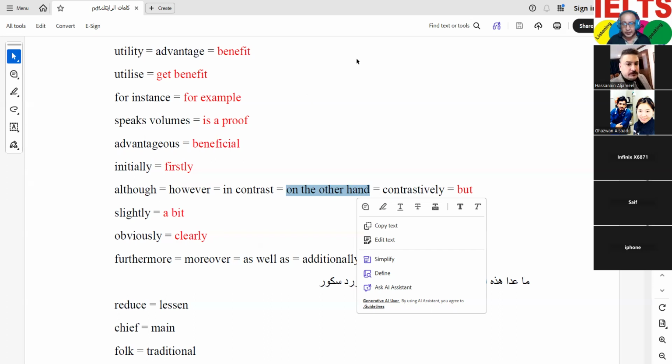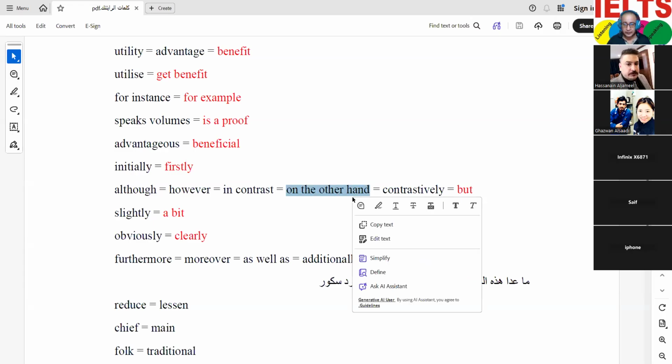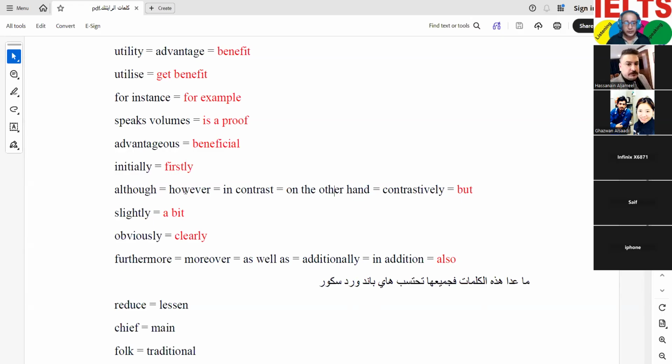So in the second paragraph of the body, you will use on the other hand. Those linkers are usually used in the second paragraph of the body.